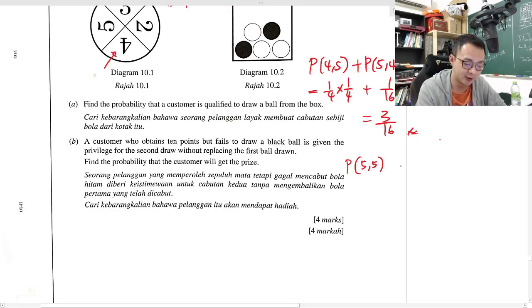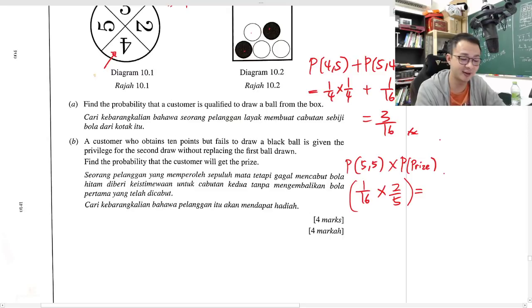So I multiply: 5-5 is 1/16. To get a prize I must get a black ball. We have 2 out of 5. So this is getting the prize on the first draw, and you just multiply: 1/40.